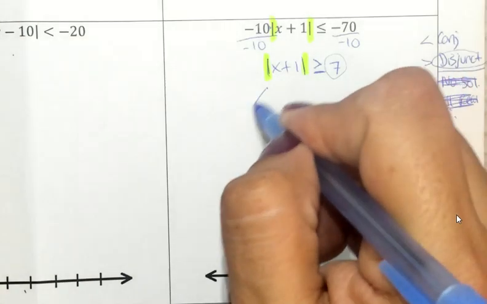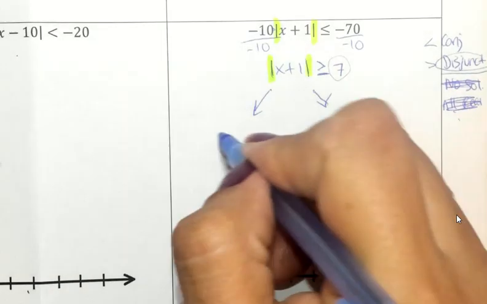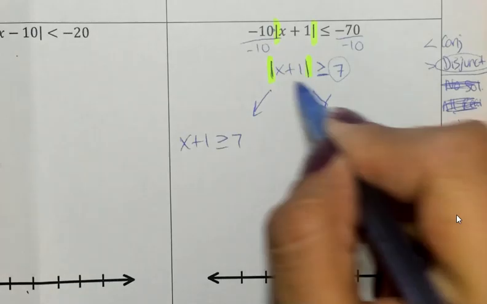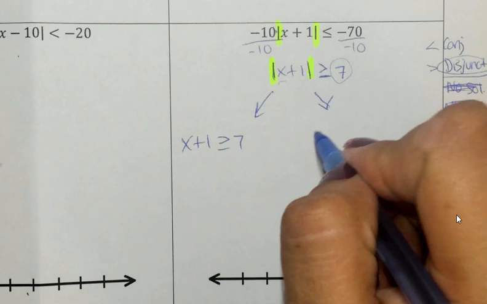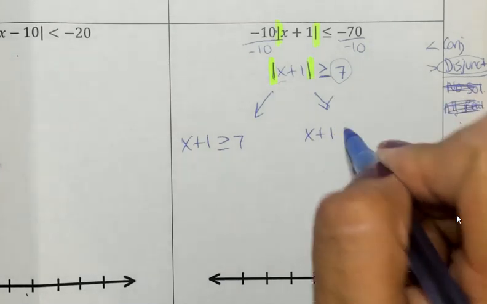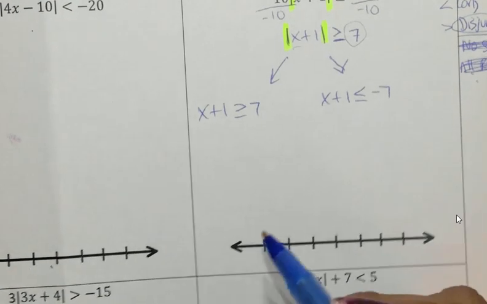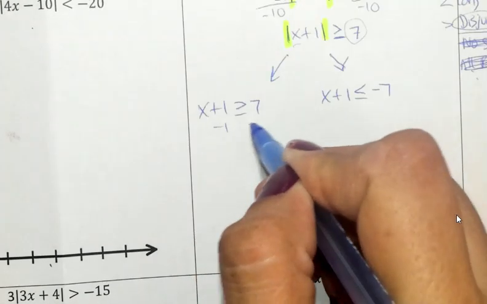So let's check what those numbers will look like. x plus 1 is greater than or equal to 7, so copy it exactly the way it is. And then x plus 1, flip the symbol, put negative 7. So to solve for this, we're going to subtract 1.